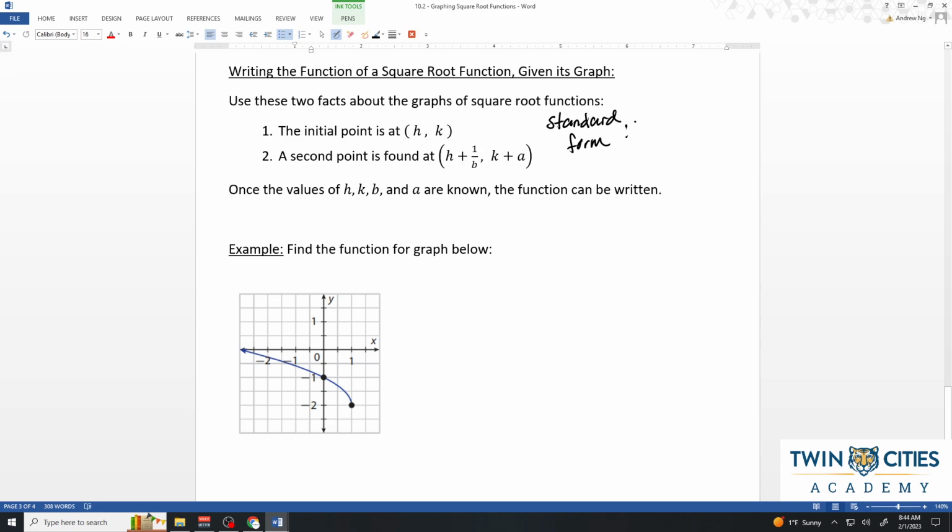The standard form is a times the square root of b times the quantity x minus h on the inside there, and then plus k on the outside. So I've got two facts. My initial point is at (h, k).